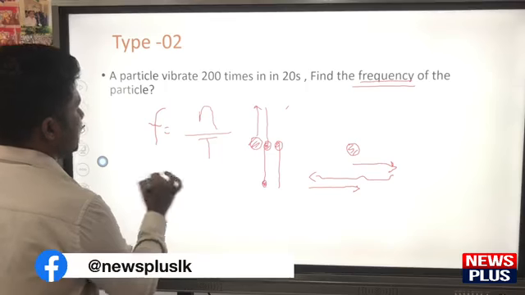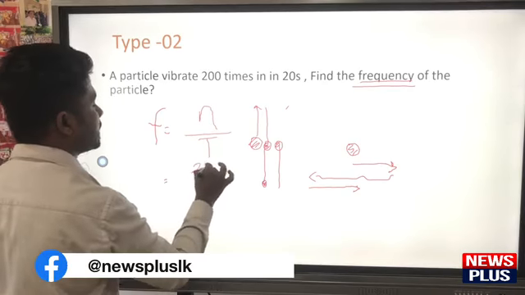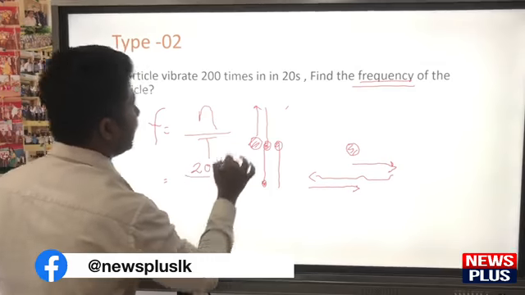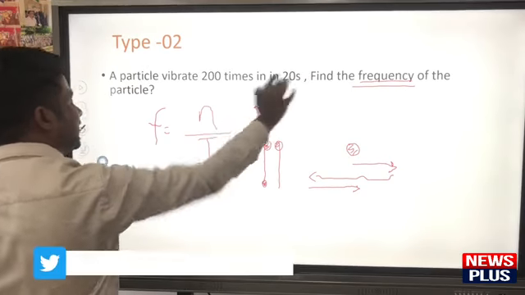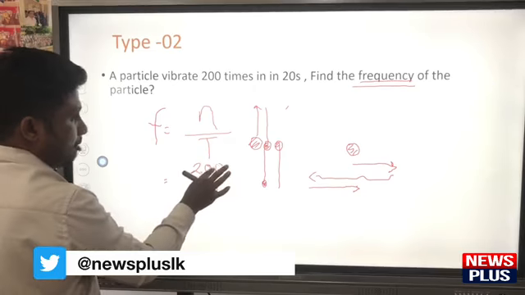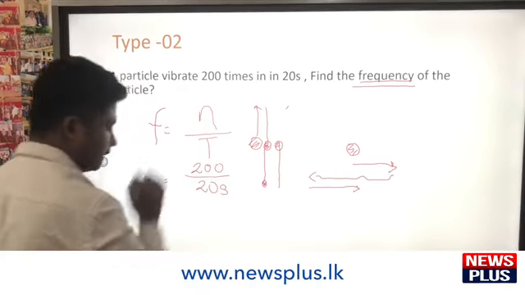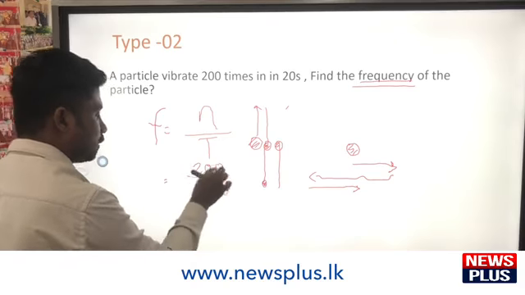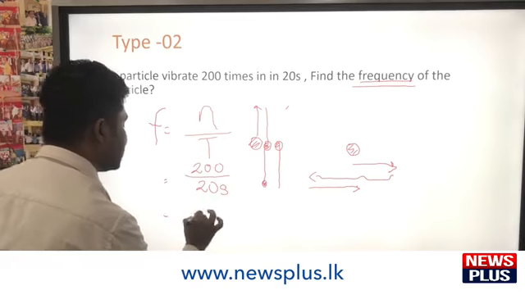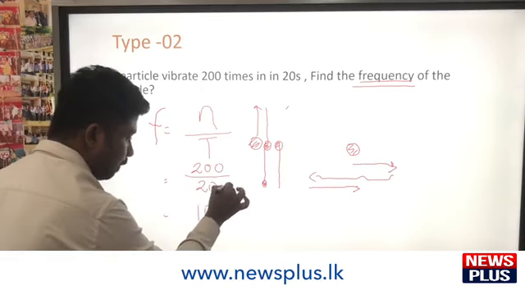So F is equal to the number of oscillations, 200, and the time taken is 20 seconds. This is a number, it does not have a unit, and this is 20 seconds. If you divide 200 over 20, that is 10, and this second has power 1.